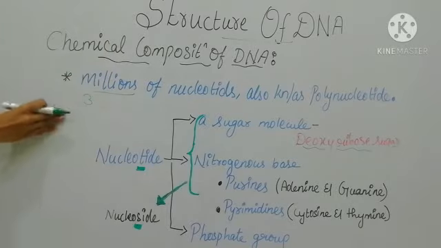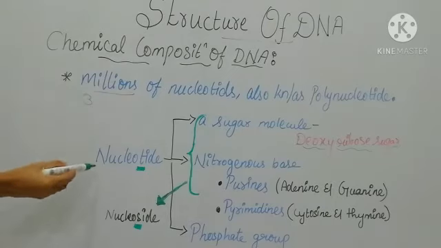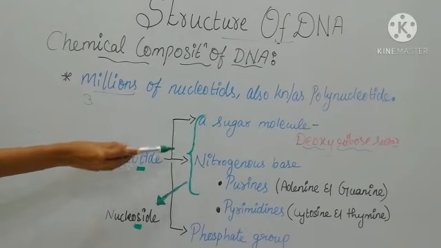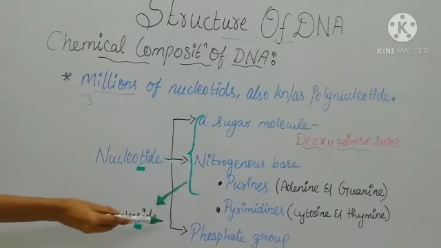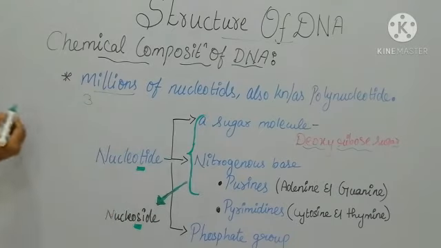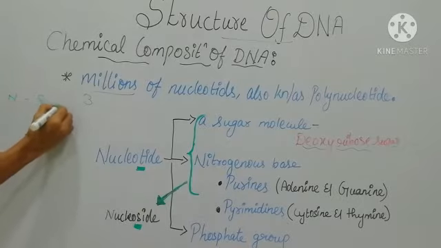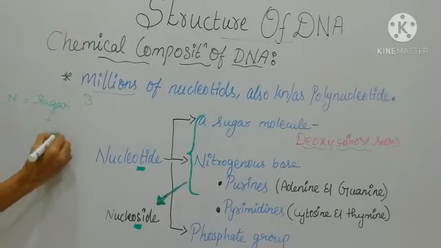So what are the constituents of this nucleotide? A nucleotide contains a sugar molecule, a nitrogenous base and a phosphate group. So we can write: nucleotide is equal to a sugar molecule plus nitrogenous base plus the phosphate group.